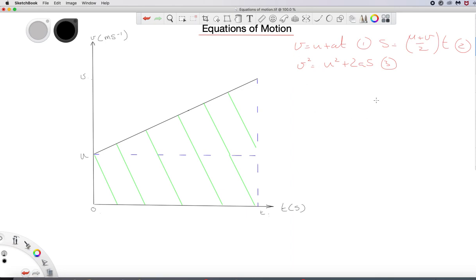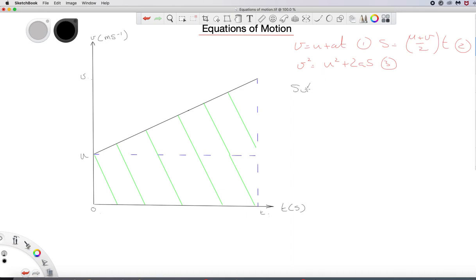So, if we were to put this in here for v, then we would have an equation which only has s, u, a, and t in it. So let's do that.